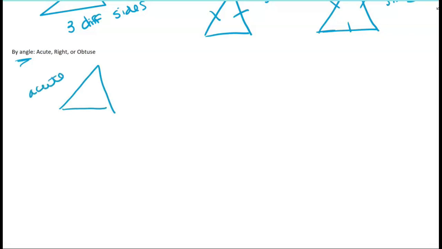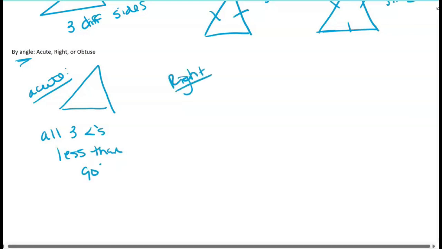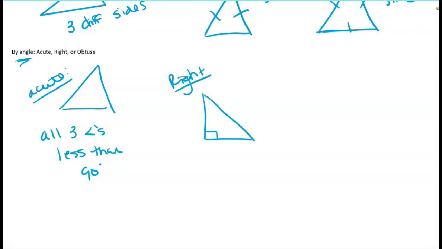So an acute triangle has all three angles less than 90 degrees. A right triangle contains one right angle. One right angle.